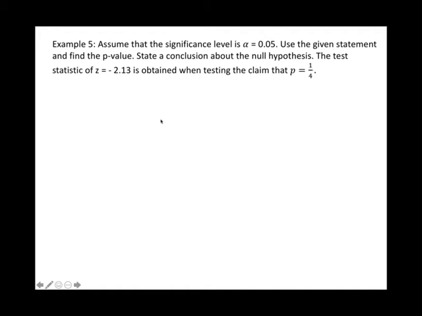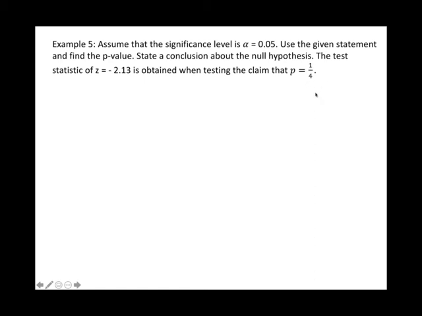Assume that the significance level is 0.05. Use the given statement to find the p-value and state the conclusion about the null hypothesis. The test statistic is negative 2.13, obtained when testing the claim of p equal to 1/4.